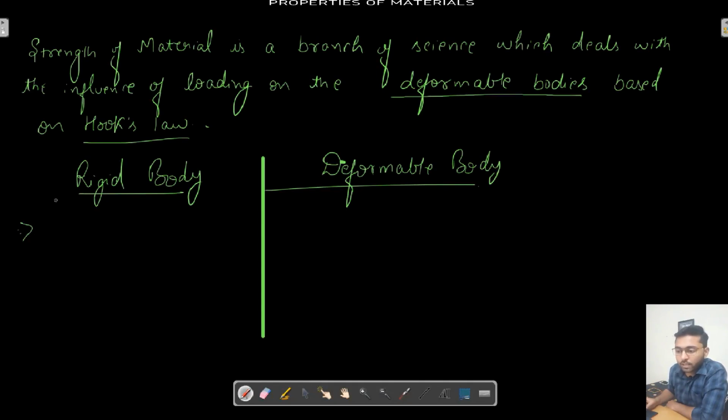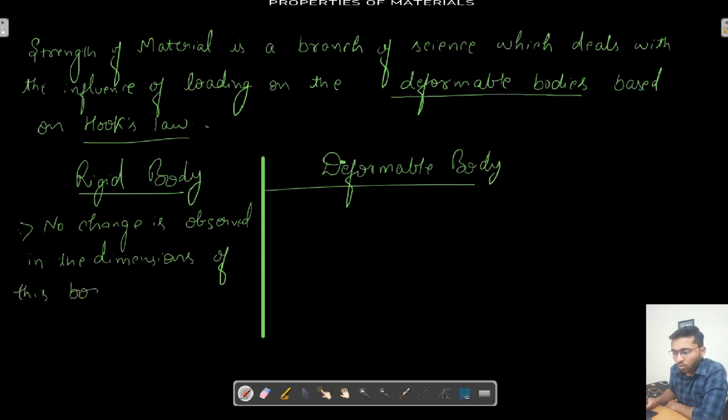So we can say that no change is observed in the dimensions of this body on the application of force.